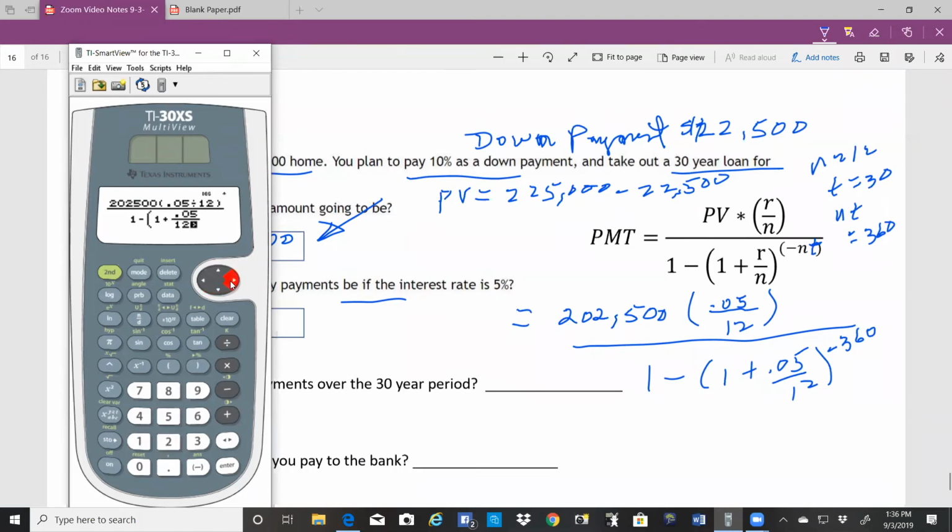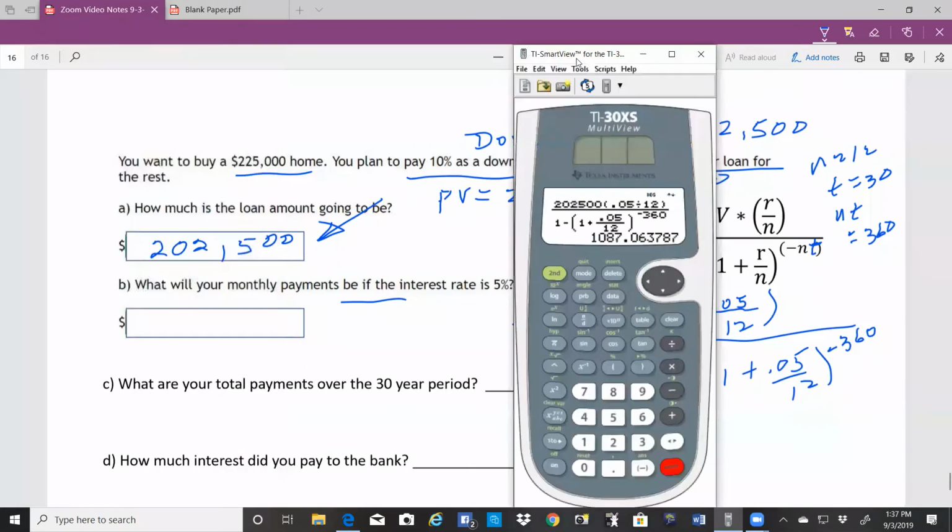Then move this over to put it in parentheses to the minus 360 power. And if I didn't make a mistake, this should be our monthly payment, which is $1,087.06.